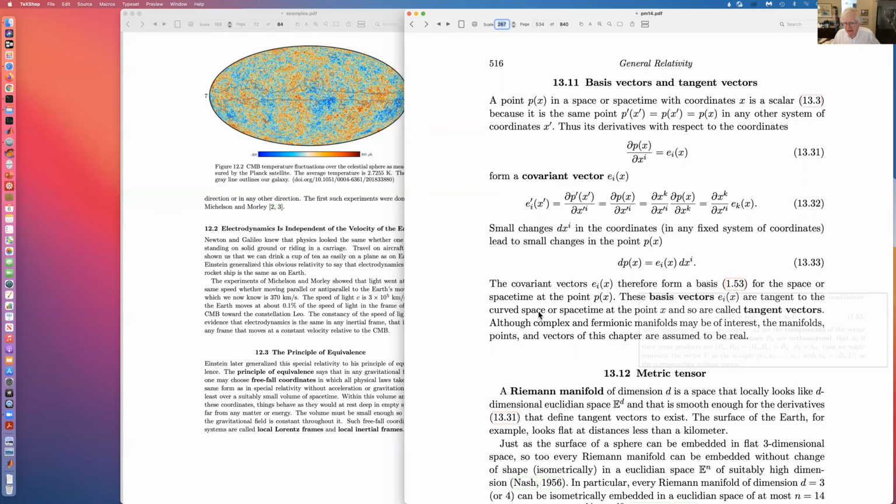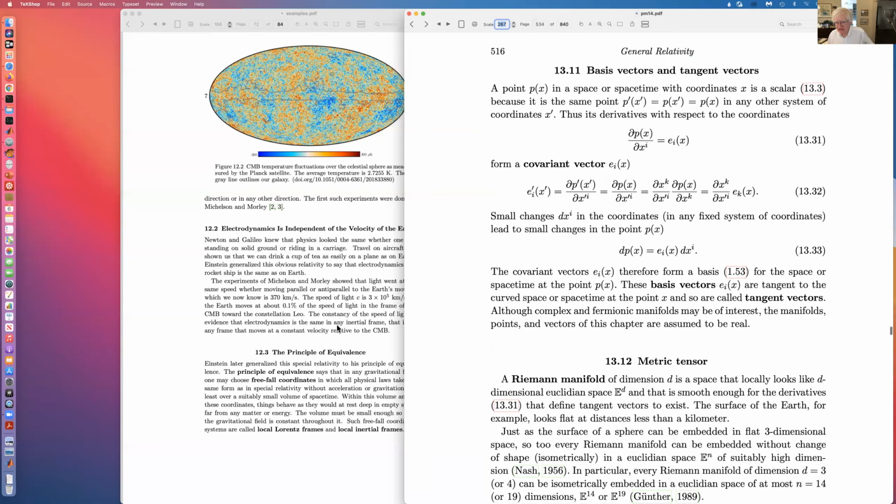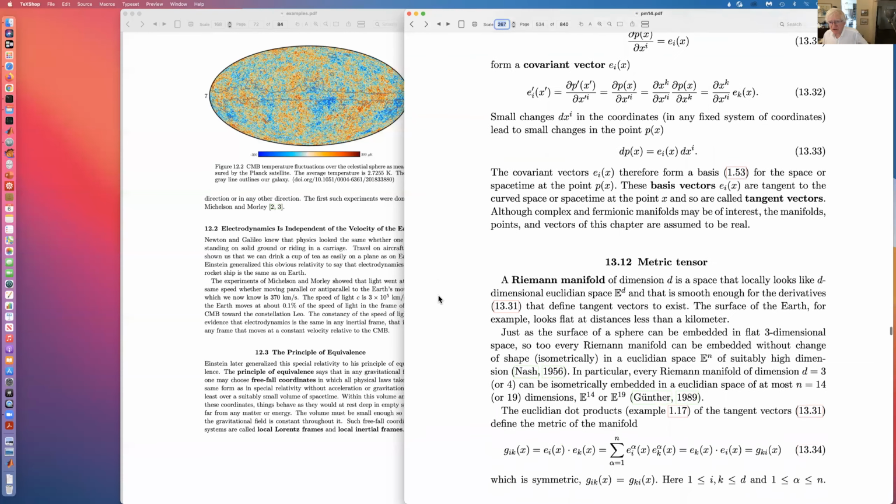And so these form a basis at every point because they vary with the point. And these are tangent to the curved space or space-time, and so are called tangent vectors. And I'm talking here about real space-times, not ones that are complex or fermionic. I'm not looking at those things.